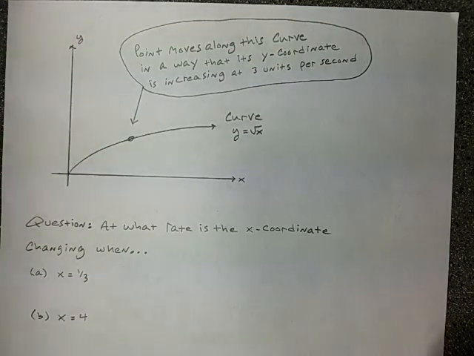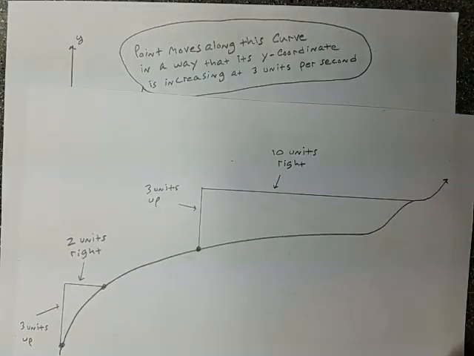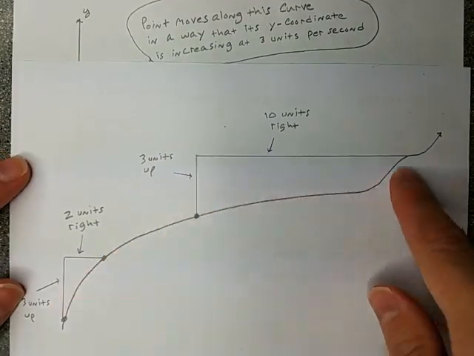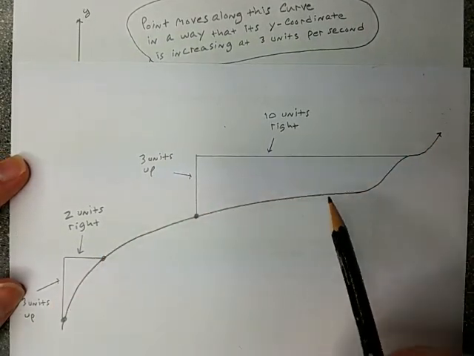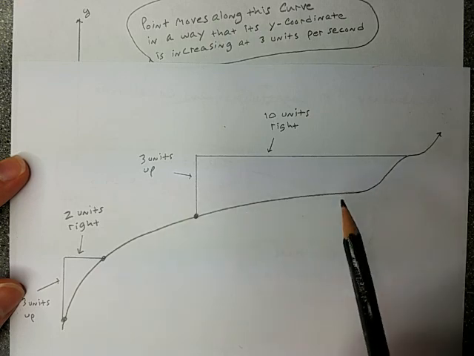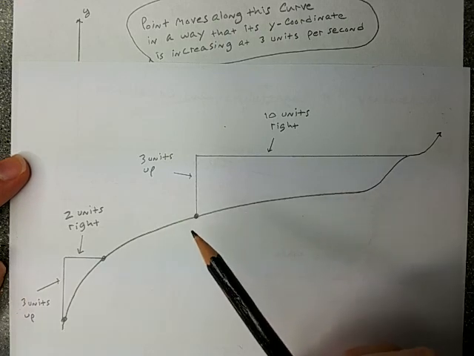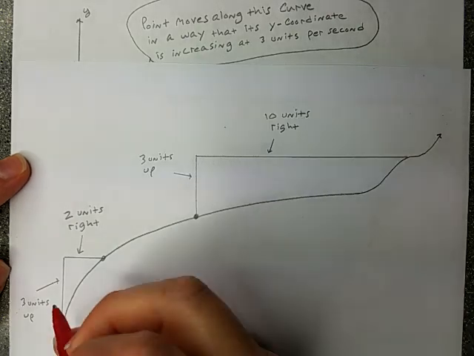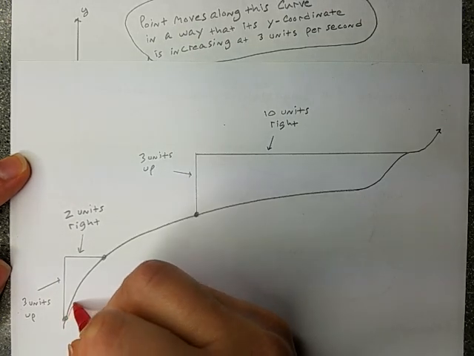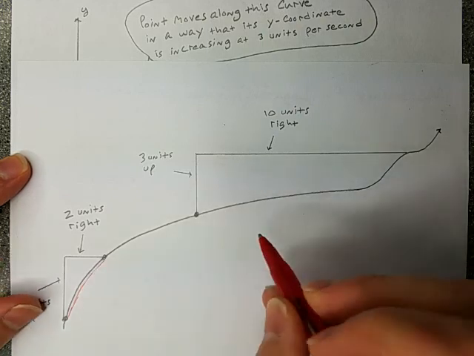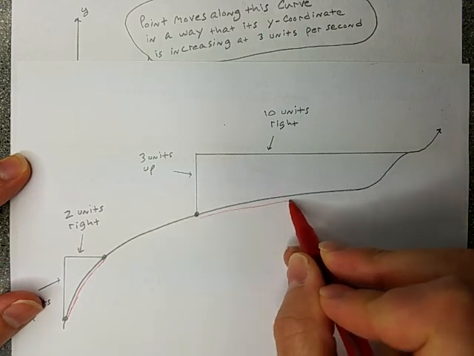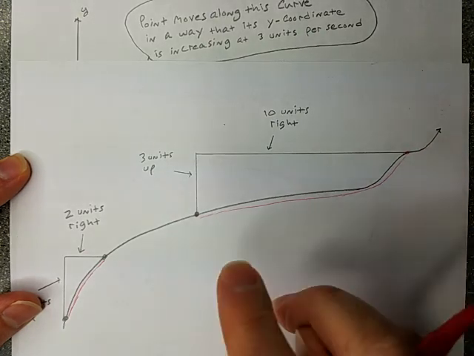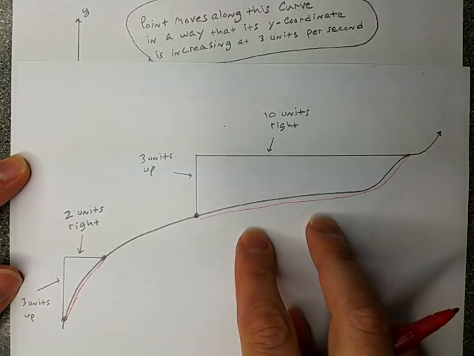So I want to do some thinking like that because I think it's good for me to encourage you to think like that. So here's a curve right here, and it's not exactly like the curve that we're looking at on the other page, but each one of these jumps here, like say from here over to here, or from here over to, say, this point right there, is 1 second of time, okay?